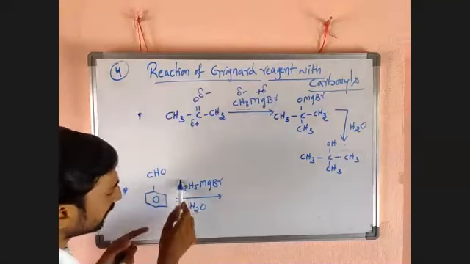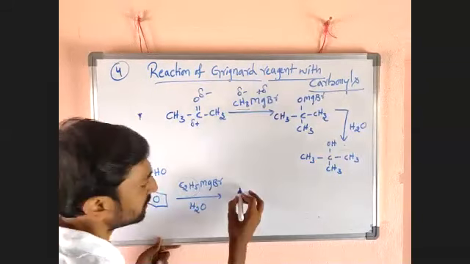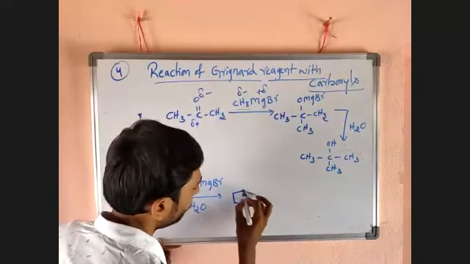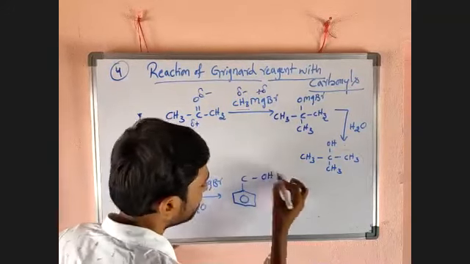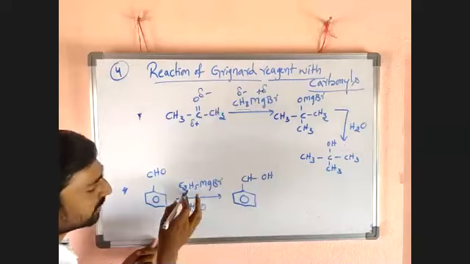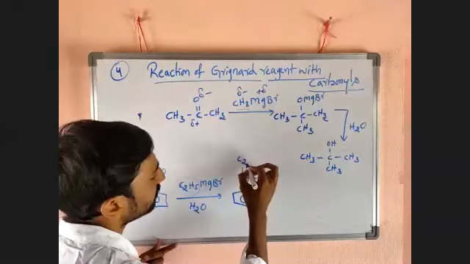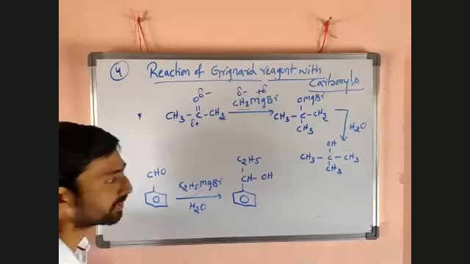Here the part of the Grignard reagent is C2H5. This O will convert into OH, and this carbon already has an H. Now this part of the Grignard reagent, C2H5, gets attached to the carbon. Without this type of mechanism, directly it can be written like that.